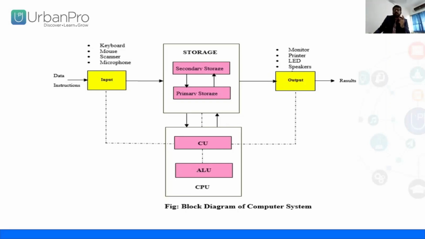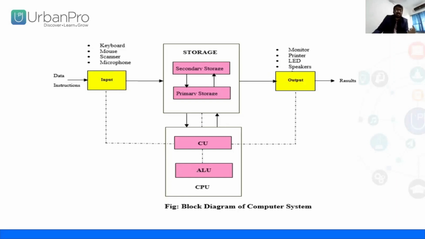Here you see the control unit is connected with a dotted line because your throwing speed and the computer's accepting speed should match. If you are throwing at 60 and the computer is accepting at 100, mismatch. If the computer is throwing at 100 and you are accepting at 60, then also mismatch.